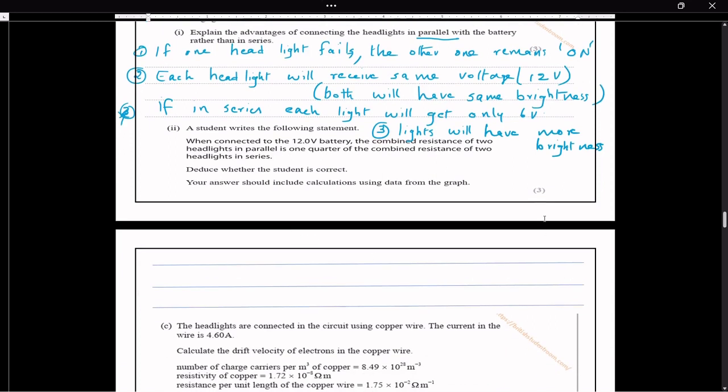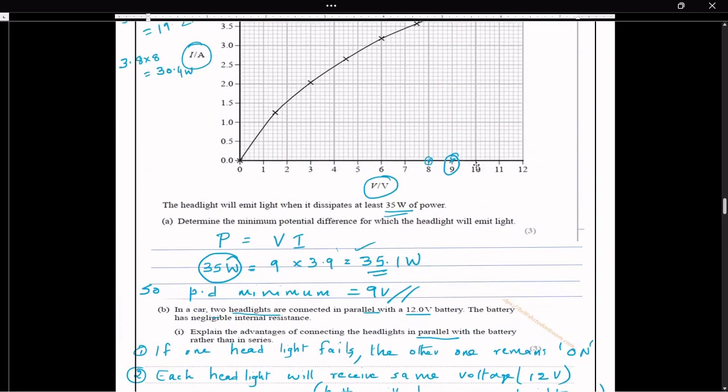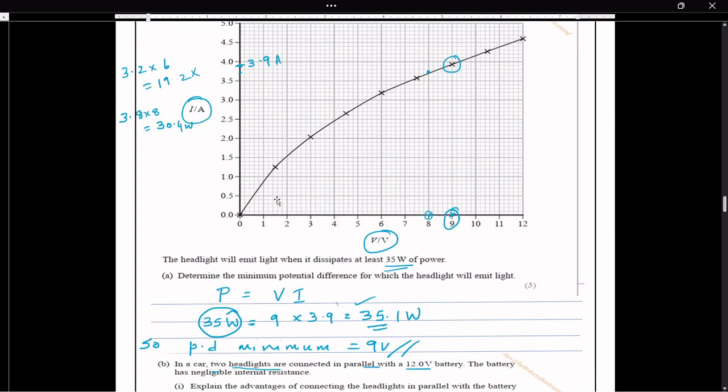Let us see when they are connected in series or parallel. First of all, let us find the resistance of one lamp, so that we know the current and voltage. You take any particular voltage and calculate the resistance.